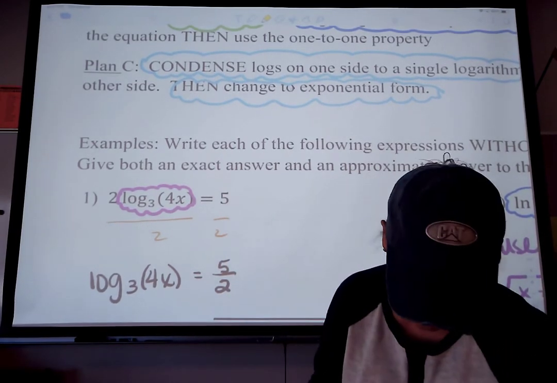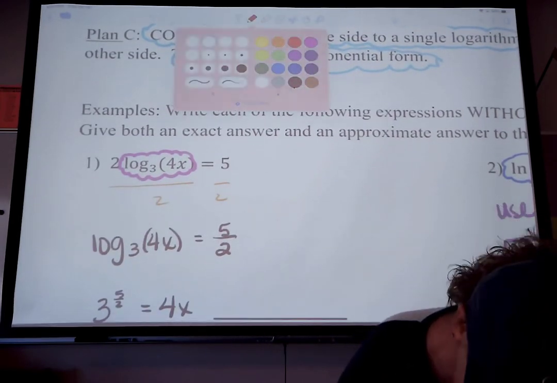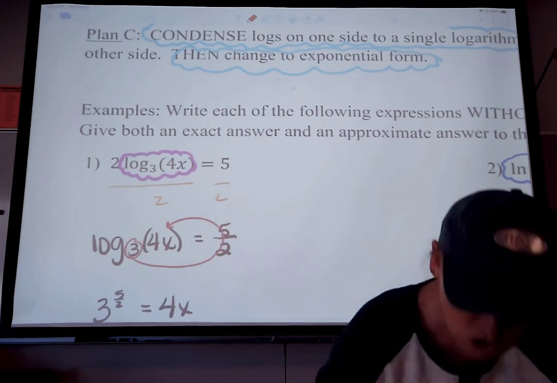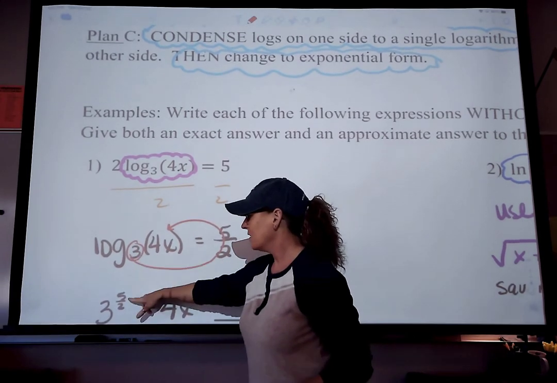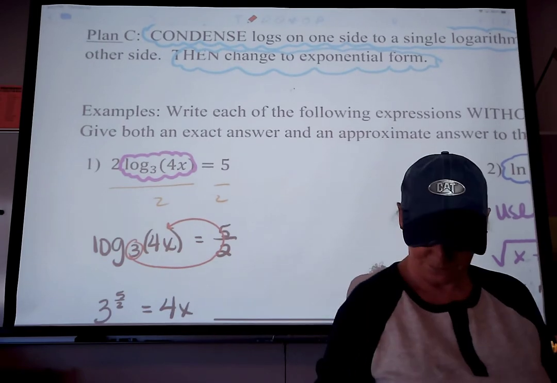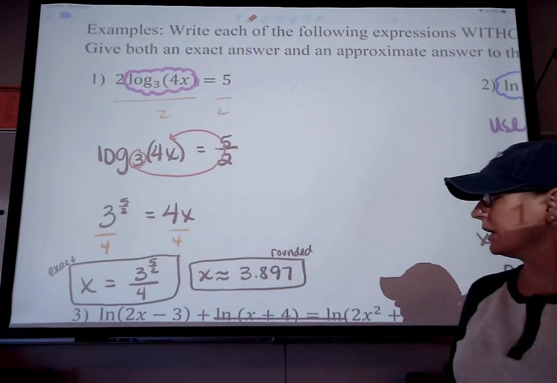So I'm going to grab the base, swirl around, and I get 3 to the 5/2 power equals 4x. This is a simple equation to solve. Divide both sides by 4.